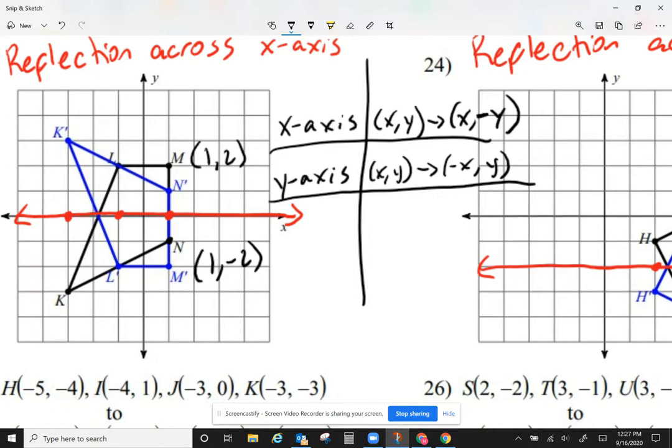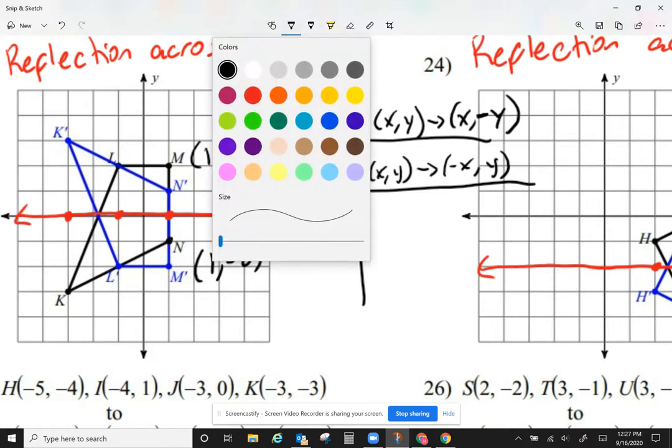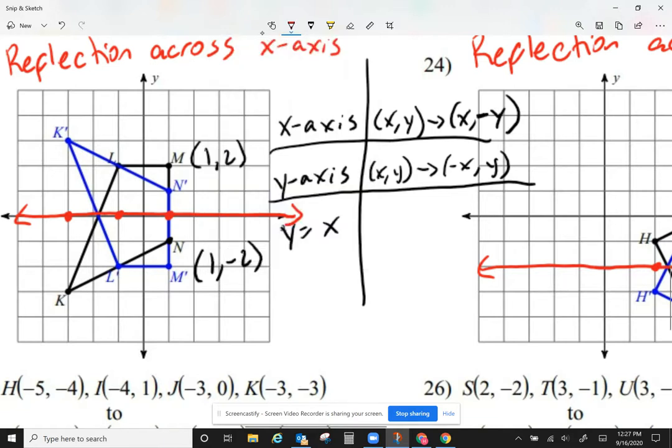There's 4 total. The other case is when I get reflected across y equals x. For us to remember, let me take a look at the graph from number 23. The line y equals x is this. That's the mirror line y equals x.